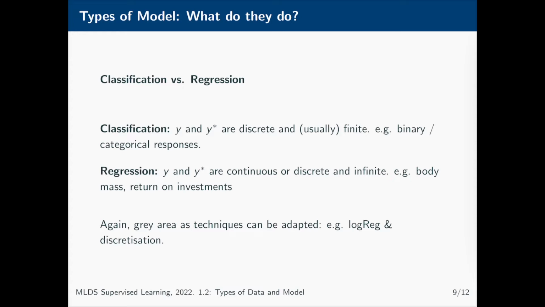A regression setting has the responses being continuous or discrete and infinite. One example of this might be when we're trying to predict body mass or return on investments. Again, it's very much a grey area between these two different categories because techniques from one can be adapted to be applied in the other setting.